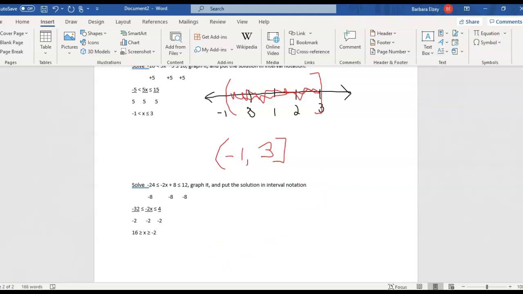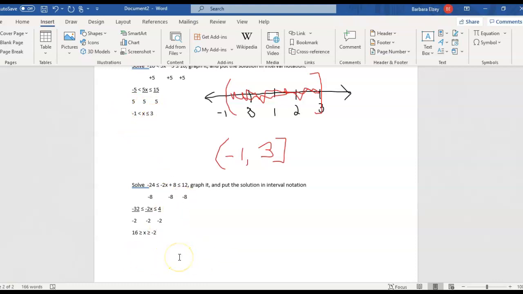Now, very important. When we have double inequalities, they must both be pointing in the same direction, never opposite of one another. So notice these are pointing in the same direction. Now, this is rather weird because we're not used to having the bigger number on the left and the smaller number on the right. Notice up here it was the smaller number on the left and the bigger number on the right.